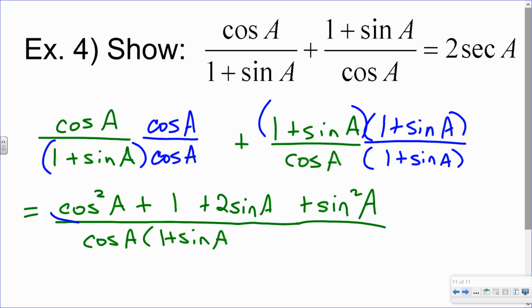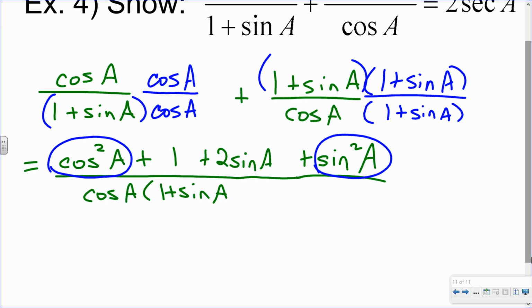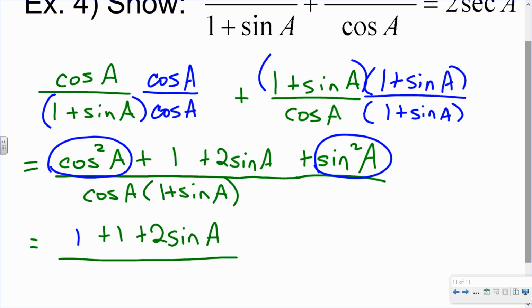And just so that somebody reading my proof can tell what I'm doing, I'm just going to put some nice, neat circles around those so they know which parts I'm using. Still want to be able to read it. And then I'm going to say that that equals, and that's cosine squared plus sine squared is a 1. And then I still have this other 1 and the 2 sine A. And my denominator is cosine A times 1 plus sine A.